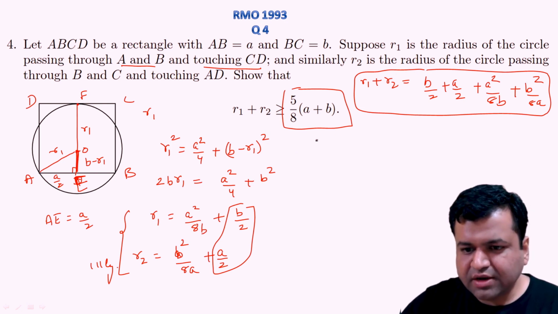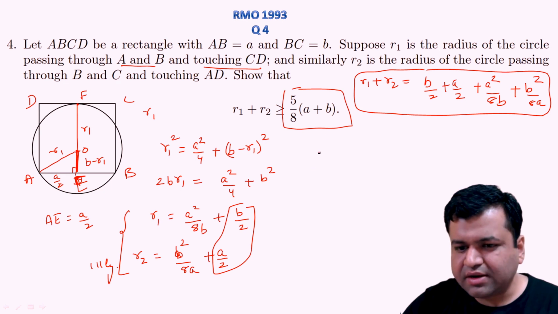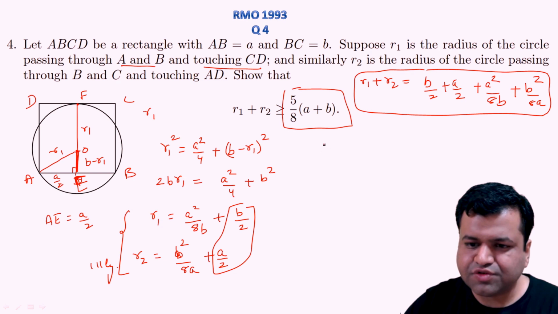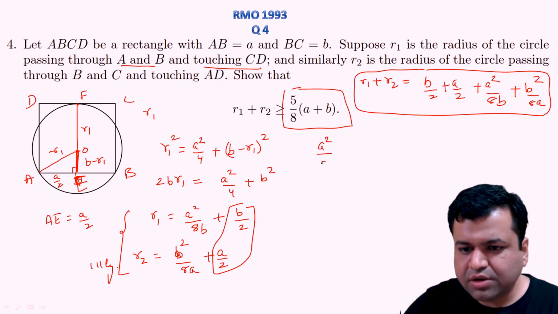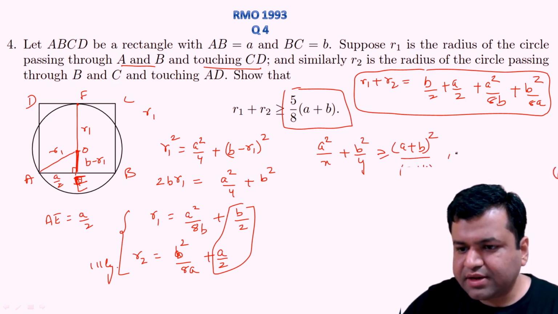One inequality that is also known as T2's lemma is just a simple application of Cauchy-Schwarz inequality. The inequality says that a square upon x plus b square upon y will always be greater than or equal to a plus b whole square upon x plus y, and the only requirement here is x and y should be positive.